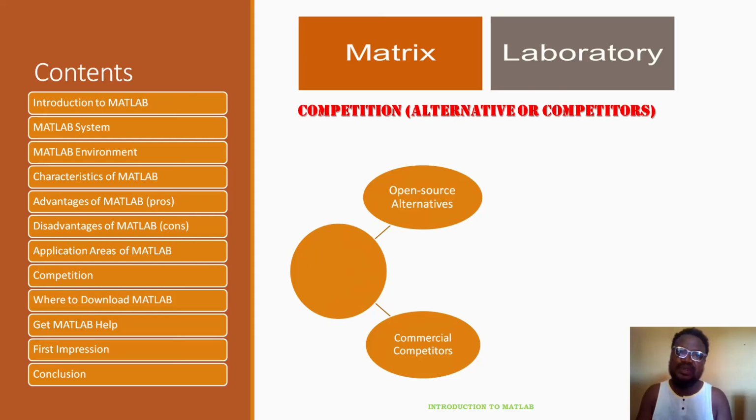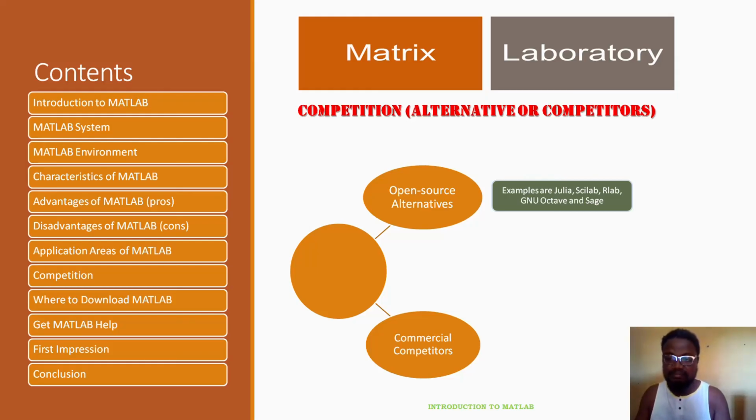The open source alternatives are usually free to download from the internet, such as Julia, Scilab, R, GNU Octave, and Sage.